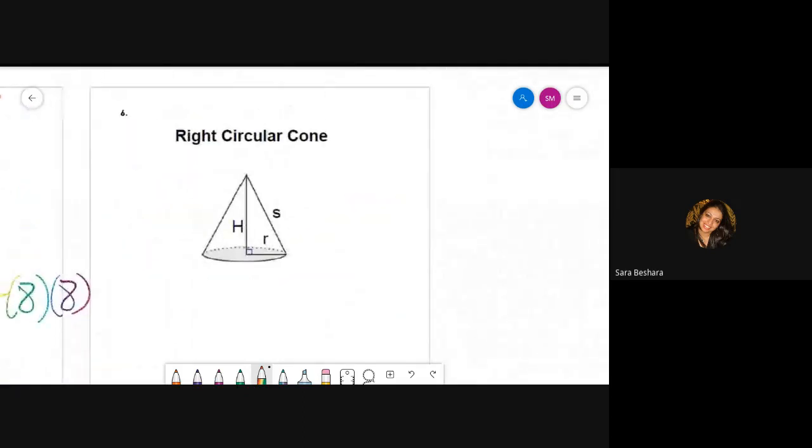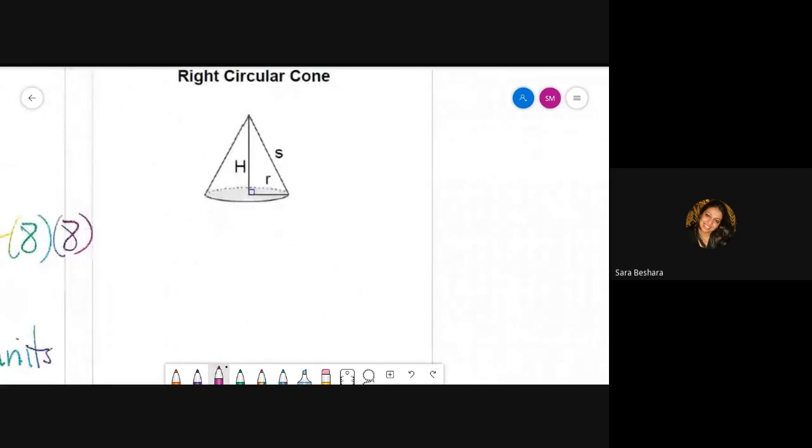And again, the surface area of a cone is 1/2 times the perimeter of the base. Oh, I did something different here. I think I showed the other way, so I'm not going to show that one so I don't confuse you guys. So the surface area is the lateral area plus the area of the base.